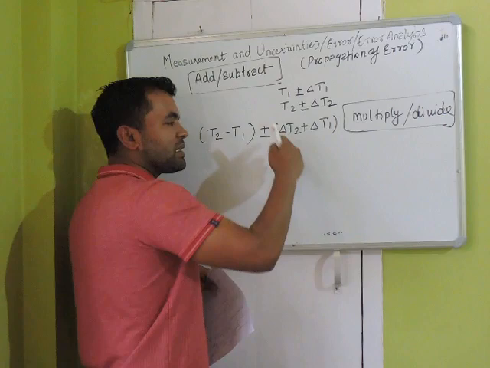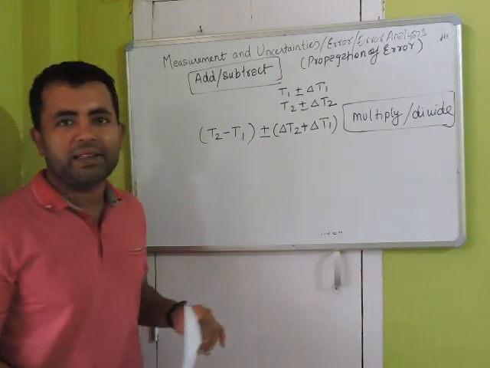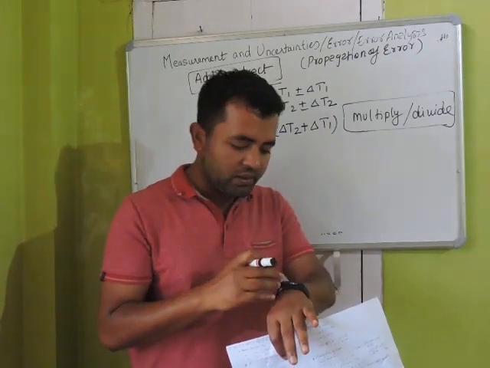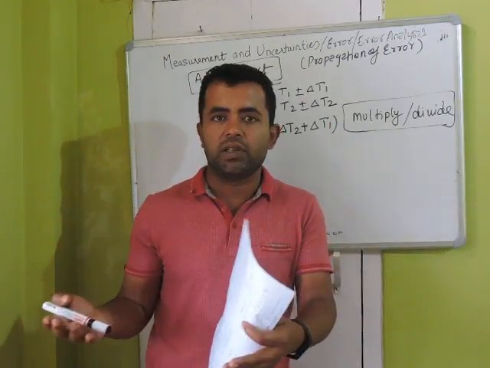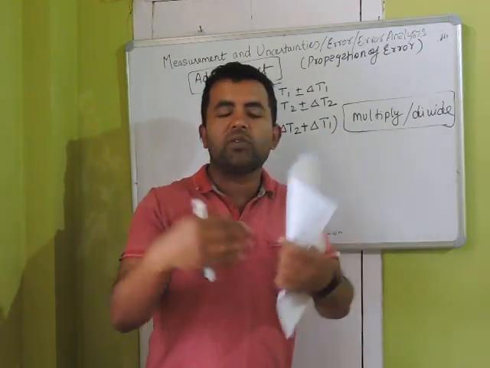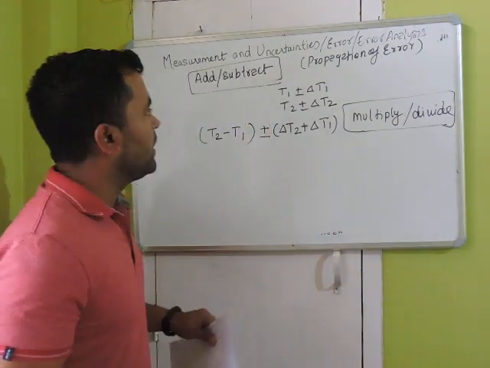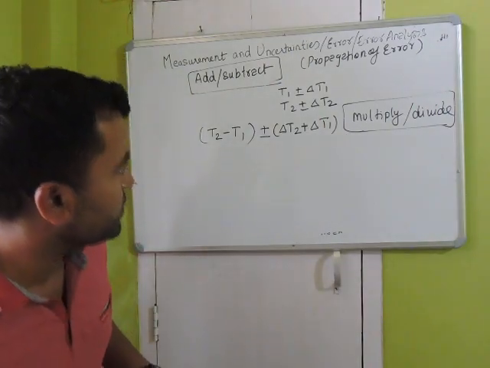So please try to understand, if I subtract two things, error will get added in it, it will not get subtracted because there is an error. If you do subtraction or addition, in both cases error will pile up. If you subtract two things, it will not just go away. Now let us talk about multiplication and division.